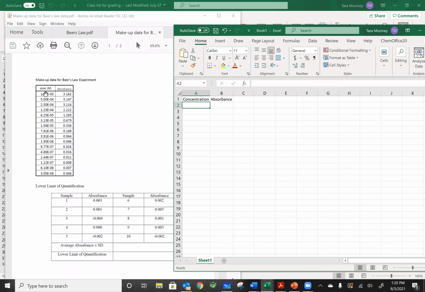The E that you see there stands for 10 to the power of. Okay, so let's copy that.